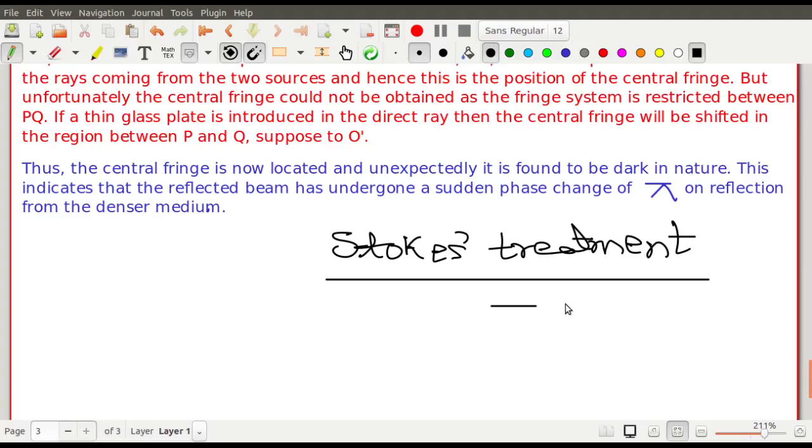So Stokes treatment ব্যাপারটা কি, সেটা থেকেও তুমি বুঝতে পারবে that reflection হলে একটা phase change কিন্তু আসে। So wherever there is a reflection, there is a phase change. Phase change মানে বোঝো তো, opposite phase, মানে +5 টা -5 হয়ে যাবে। So that is what we mean by a phase change, right? Opposite phase মানেই হচ্ছে pi phase, and what is the task of pi phase? Pi phase এর কাজ কি?